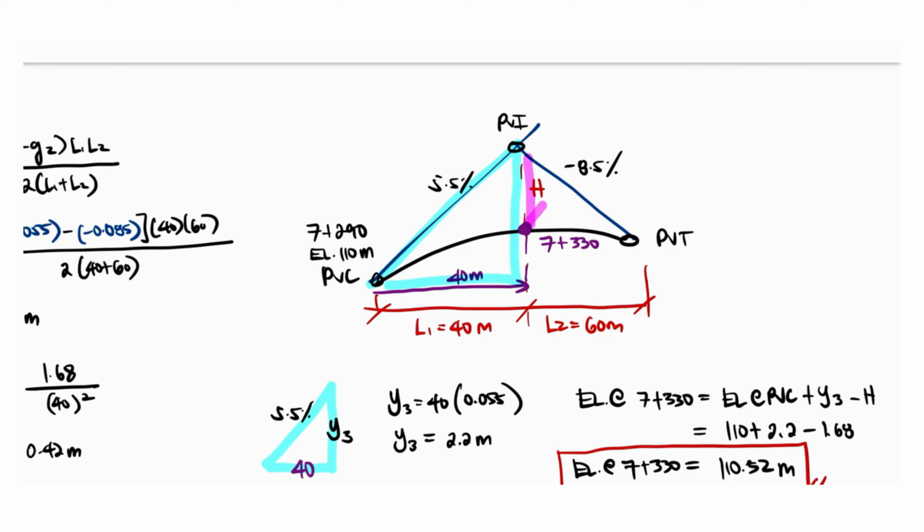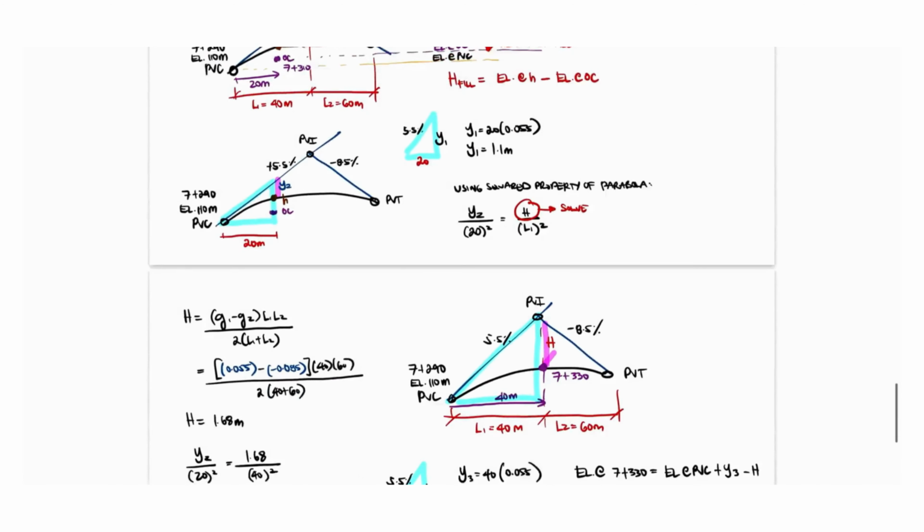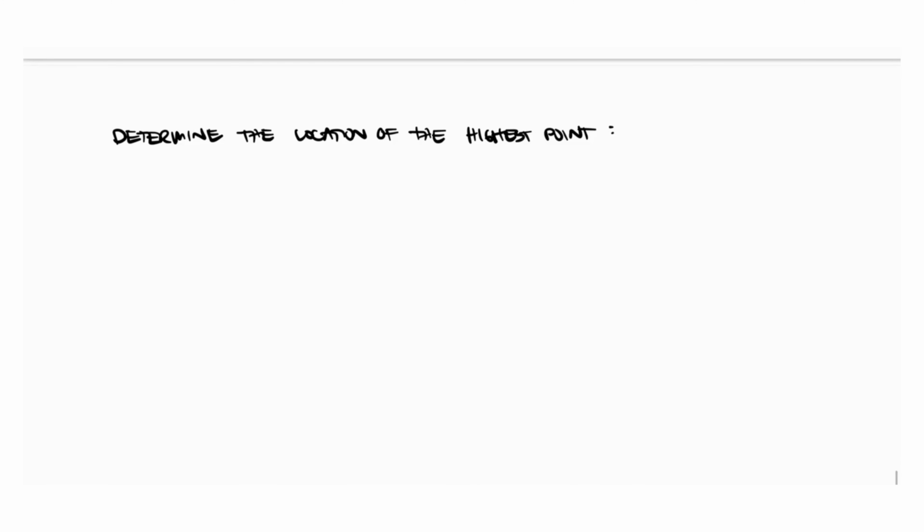Lastly, for the third requirement, we need to determine the elevation of the highest point on the curve. To do this, we must first identify the location of the highest point. For an unsymmetrical parabolic curve, we use a criterion to determine whether the highest or lowest point lies on the left or right side. The expression L1 times g1 over 2 is compared with the height of the curve, h. If this value is less than h, the highest or lowest point is located on the left side.